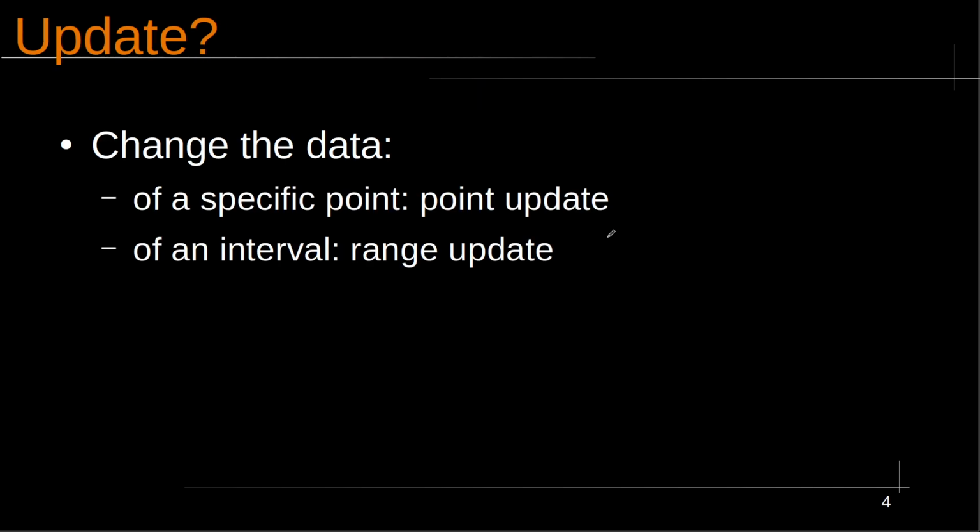Or we have a range update. We're going to update all the values in that range by another value, or we're going to add or subtract, or any kind of update. We're going to update a range, not just a specific point or a specific position.